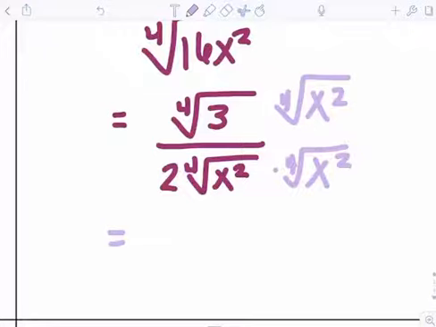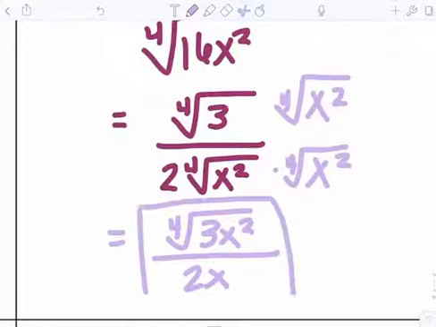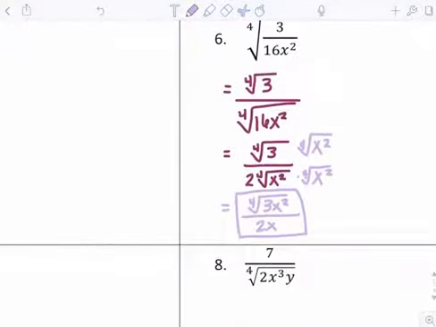Since these are both inside the 4th root, in the numerator I get the 4th root of 3x squared over, because now I'm going to have 4 x's all together, the 4th root of x to the 4th power, which is just x, and it's going to tag along with that 2. Remember, I don't need to multiply by the 2 in the denominator because it's not in the radical, so that's not really messing with my answer. What I care about is whatever is inside of that radical. Okay, and then that's going to be my final answer.